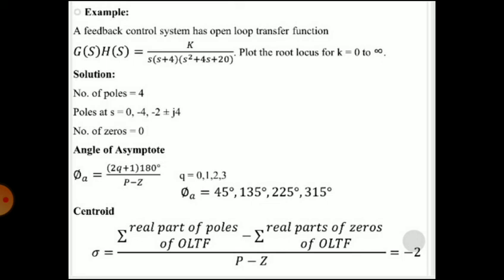For q it is only 3, because it should be n minus m minus 1, that is 4 minus 0 minus 1, which is 3 values for the number of asymptotes. So phi alpha is equal to 45 degrees, 135 degrees, 225 degrees, and 315 degrees.